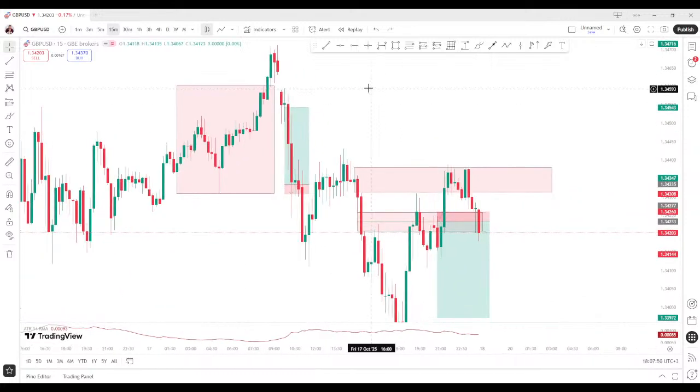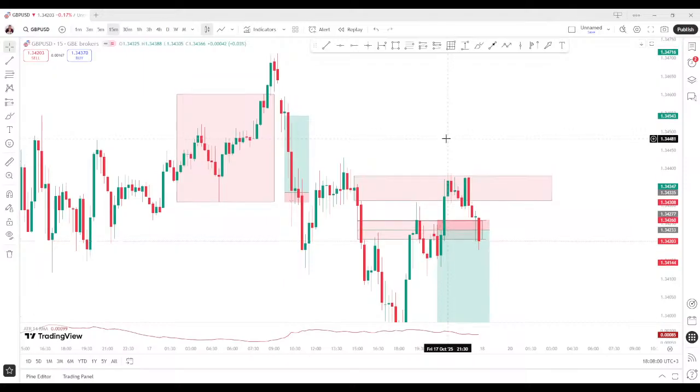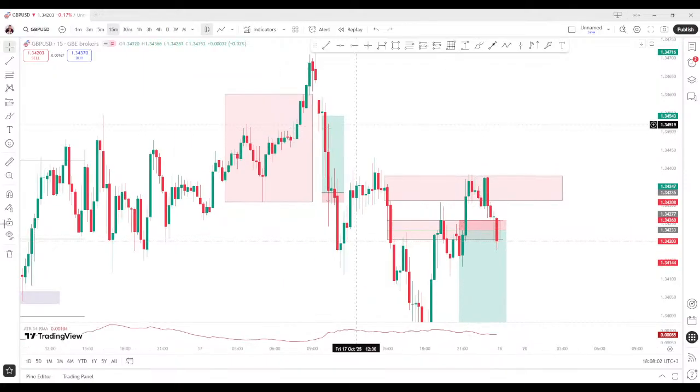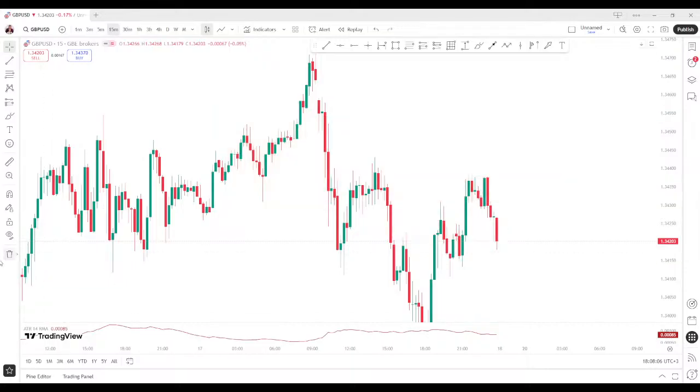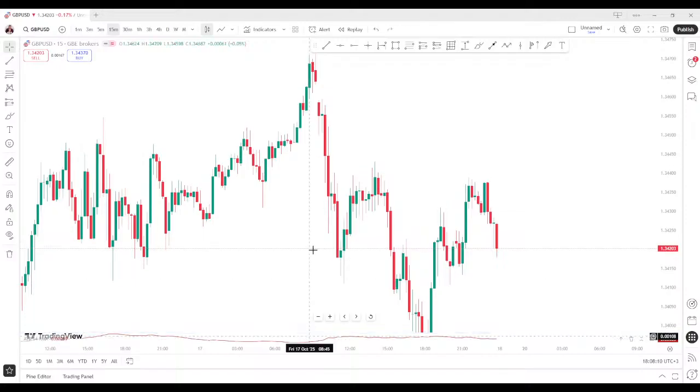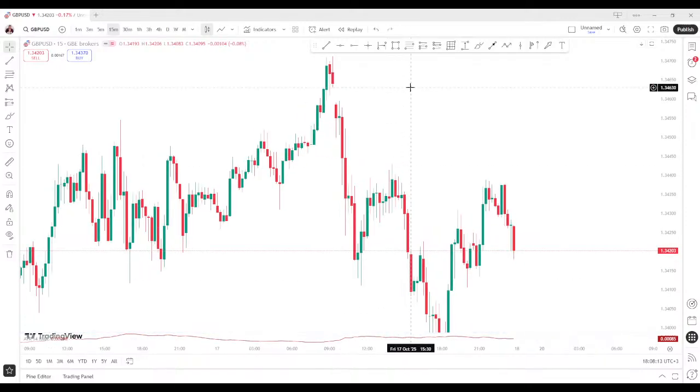What you are seeing on your screen is GBPUSD. This is GBPUSD. So what I'll do, I'll clear everything except my indicator here, and then we can start trading.